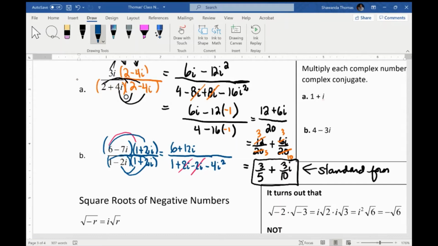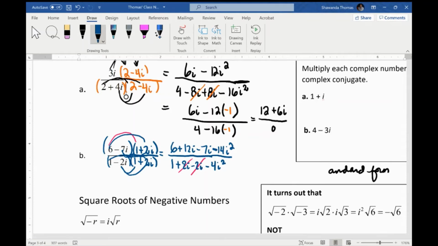Negative 7i times 1 is negative 7i. And negative 7i times 2i is negative 14i squared. Hopefully y'all got this over here. I'm going to erase it, it's in my way.